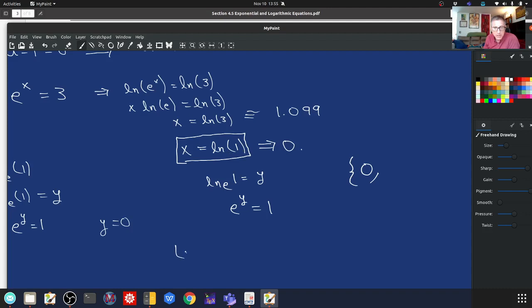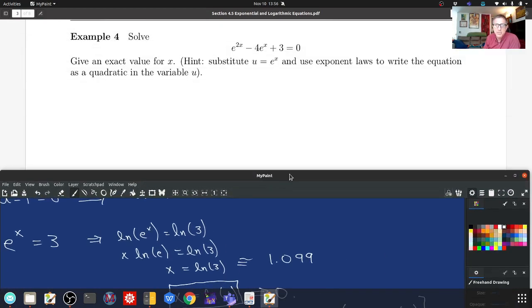The log to the base a of 1, for any base a, is always equal to 0. And up here, natural log of 3. So x is in this set. That's the solution set, and these are the exact answers. And that's what I would prefer probably.